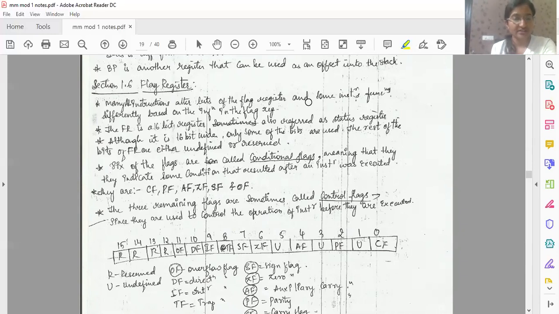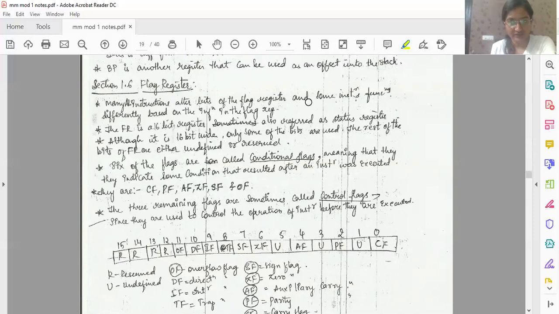The flag register here is a 16-bit register, also referred to as the status register, right? Although it is 16 bits wide, only some of the bits are used. The rest of the bits of the flag register are either undefined or reserved.